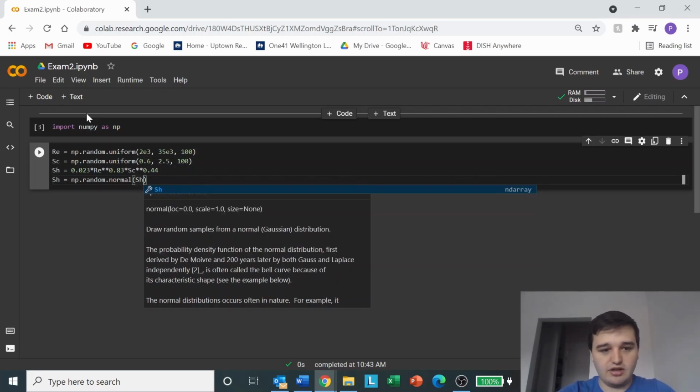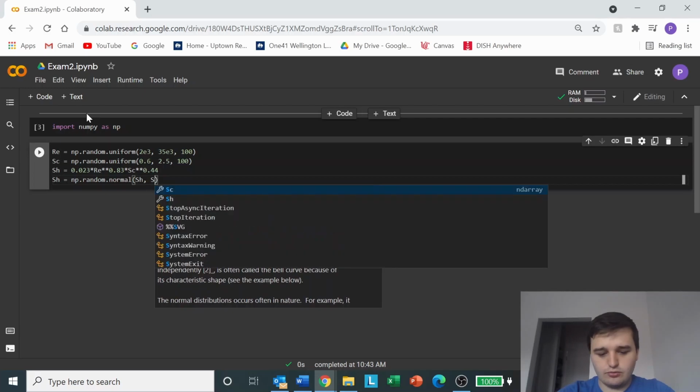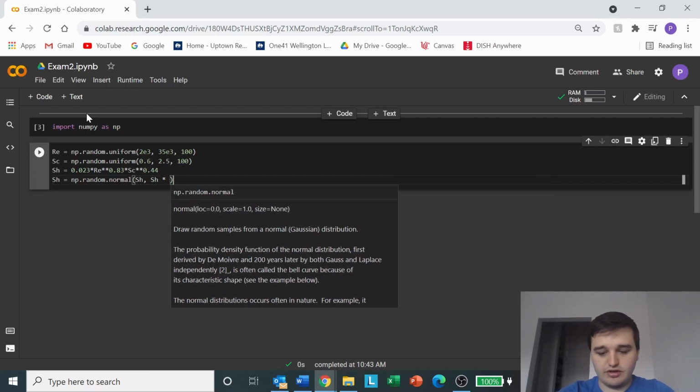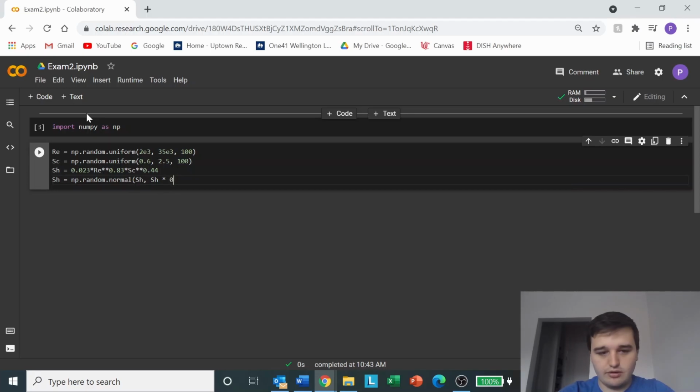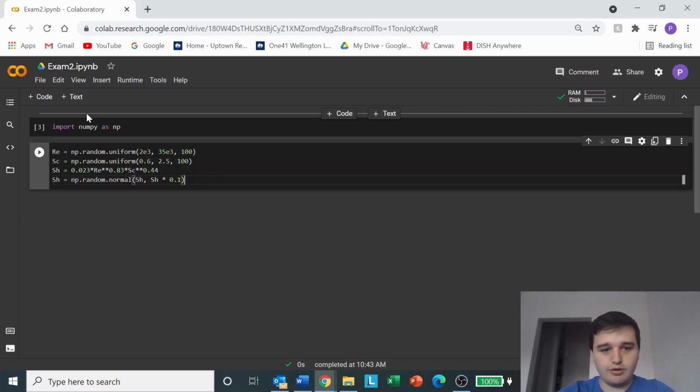So we want the mean to stay centered around the Sherwood number, so that stays as Sh. And then it wants a scale, which would be our standard deviation. Let's say in this case we want to create a 10% error. We would simply take our Sherwood number and multiply it by 0.1 to create a 10% error in our data. So we're theoretically changing the Sherwood number by 10% to get fake experimental data that's still realistic.